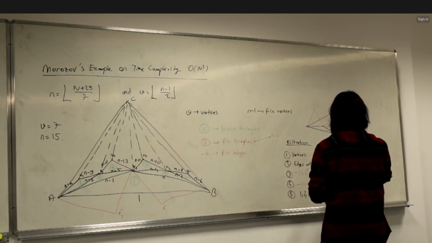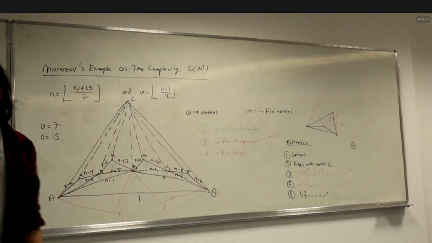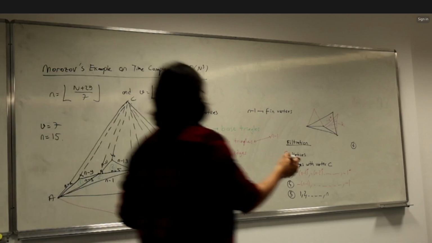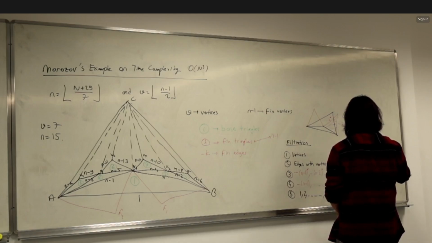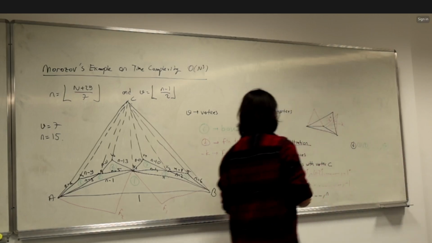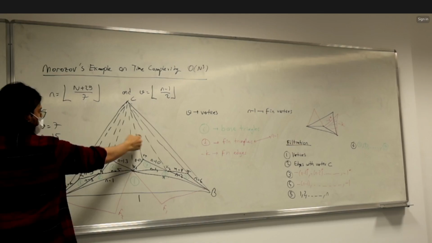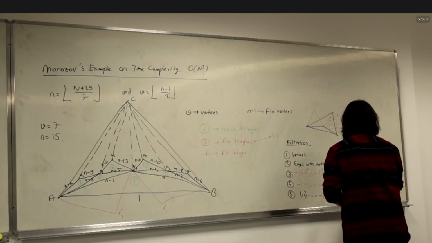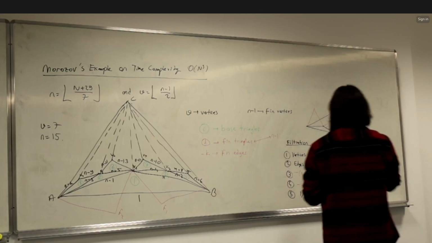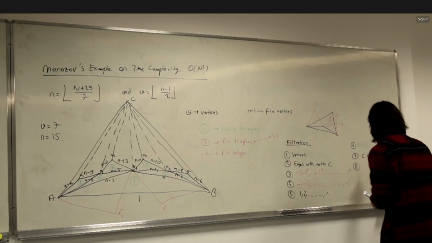At the sixth step, he starts putting the triangles, the inside of the triangles, like 1, 2, and V. Then he puts the triangles that have the vertex C. I will denote them as C triangles. And at the last step, he puts the inside of the fin edges, sorry, fin triangles, which will be minus 1.